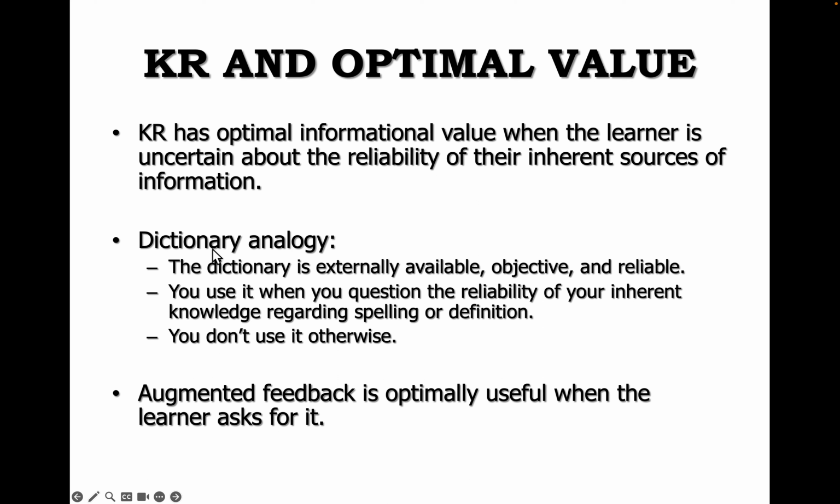So the dictionary would be a reliable source of information. Therefore, augmented feedback is optimally useful when the learner asks for it. So make a star or note right here. If your student or your athlete asks for feedback, that feedback is going to be more valuable compared to the student or athlete who does not ask for that feedback.